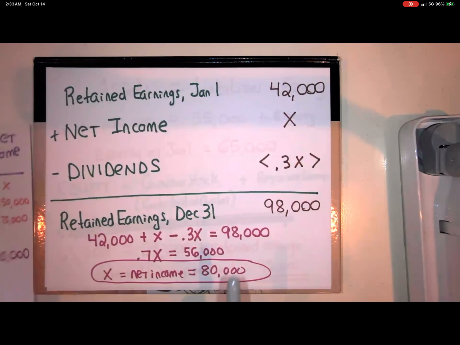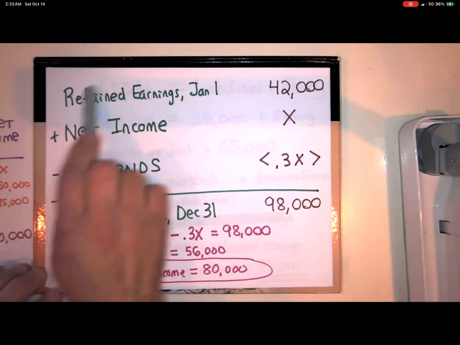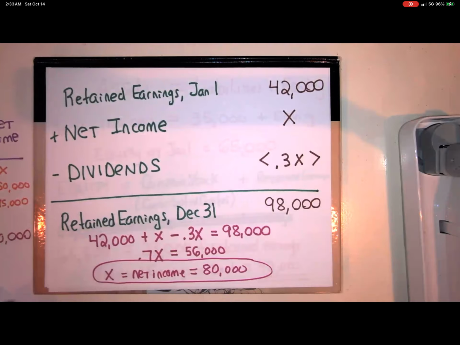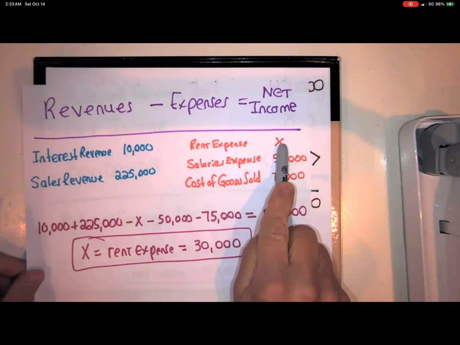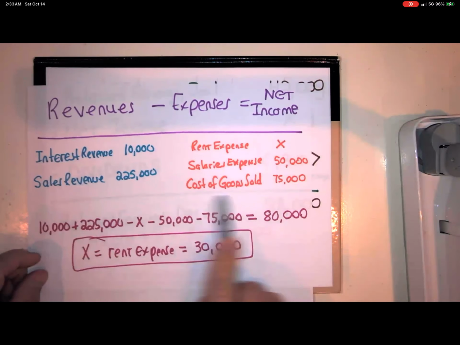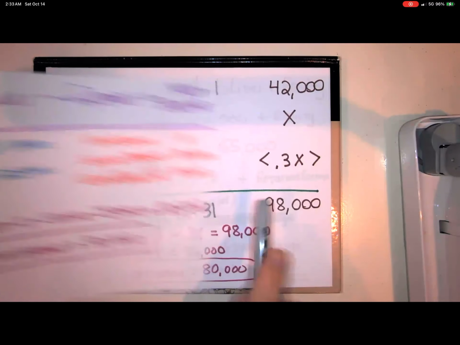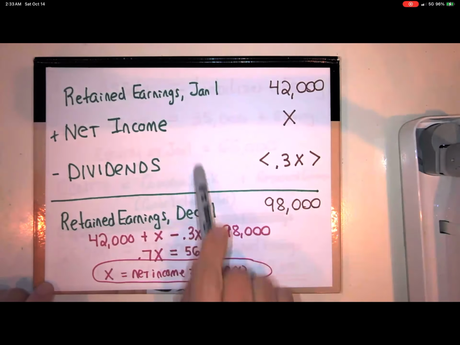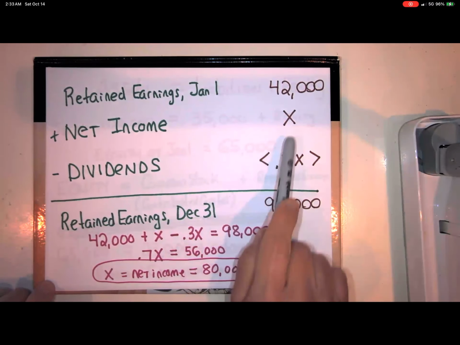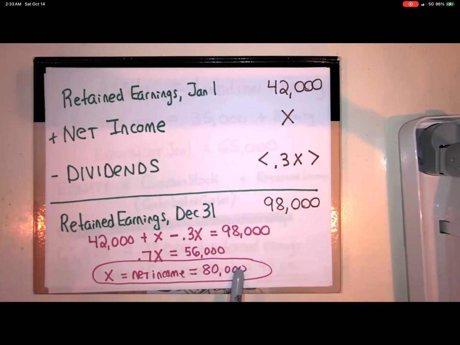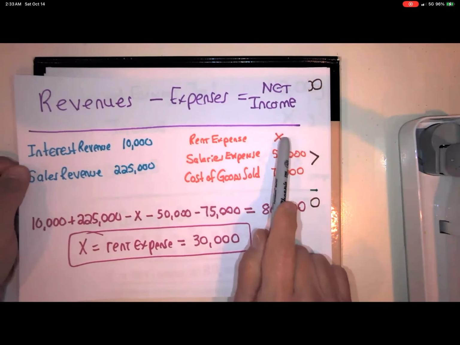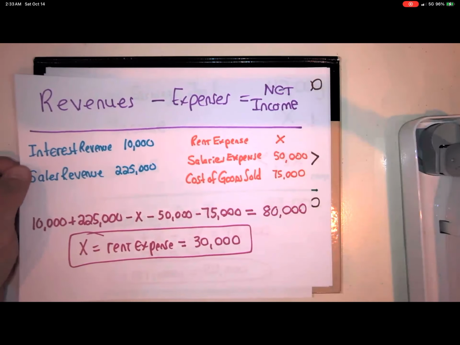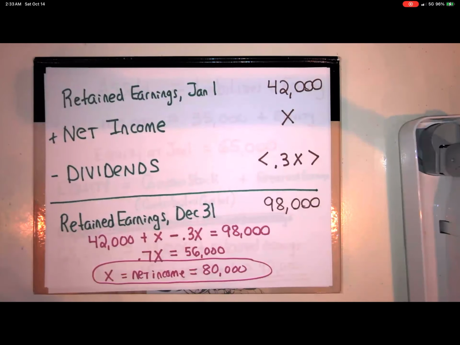Because we didn't know the rent expense, we could not use this to figure out net income. We were able to use this retained earnings equation to solve for net income and then take that back here to come up with a rent expense. Okay, thank you. You're welcome. Any other questions?